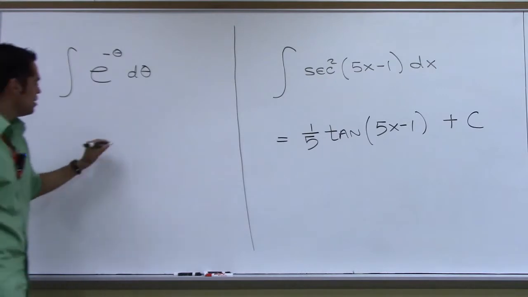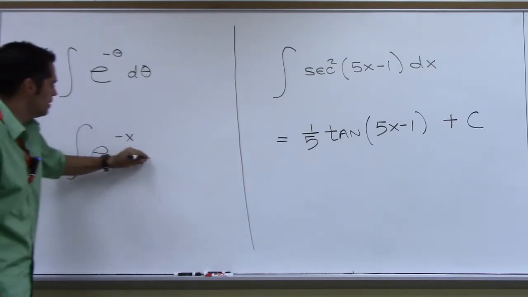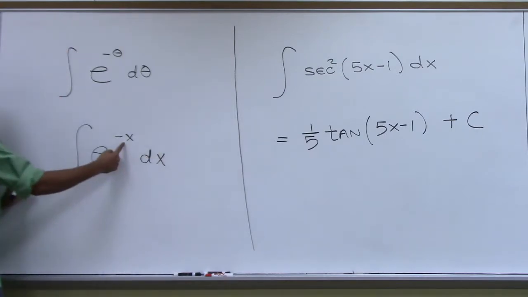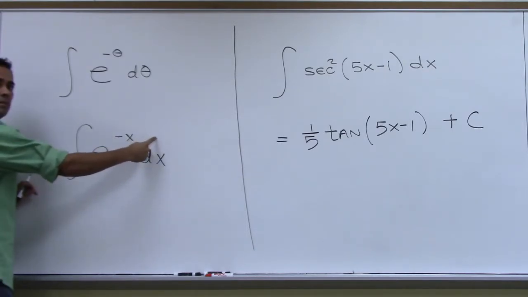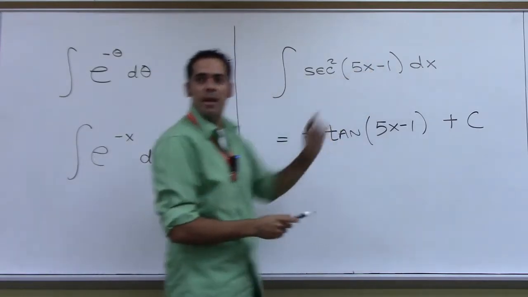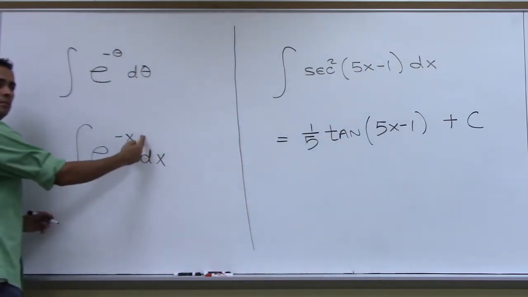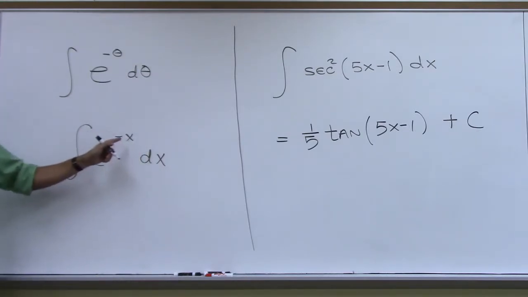If the theta is messing you up, just make it an x. Is this a linear expression in the variable x? Yes. It's negative 1 times x plus nothing, right? It's a number in front of x and then a number by itself, but the number by itself here is 0. So the argument is linear.